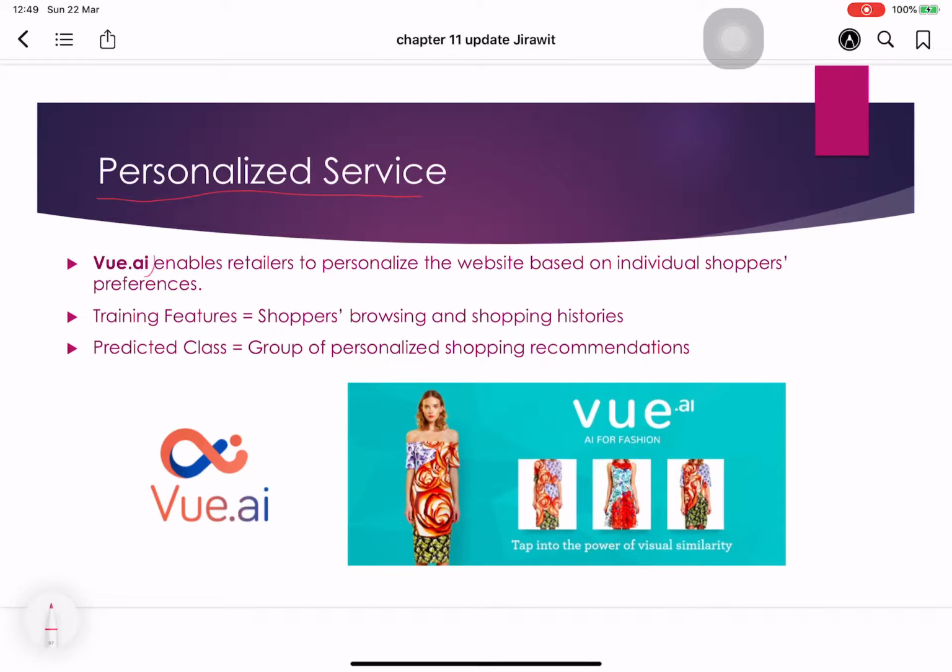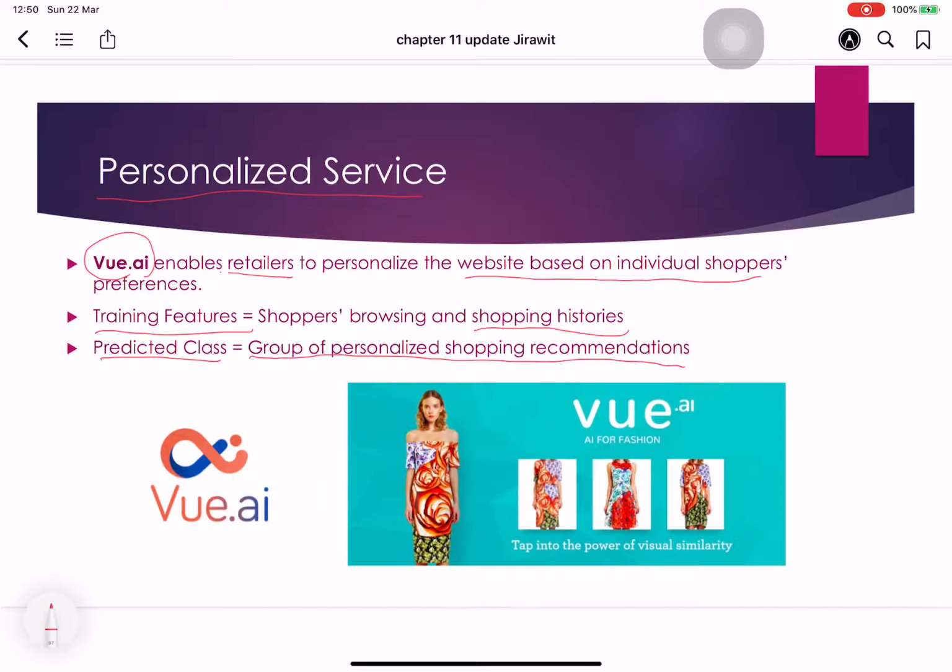This organization enables retailers to personalize websites based on the individual shopper, and the training feature predicts class. This is the shopper's browsing and shopping history and group of personalized shopping recommendations.